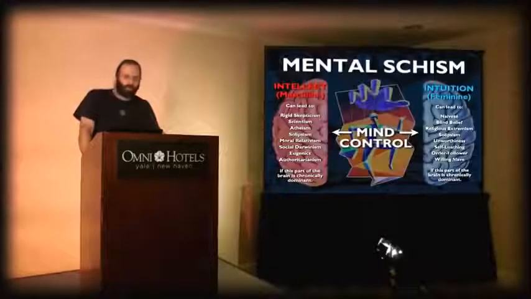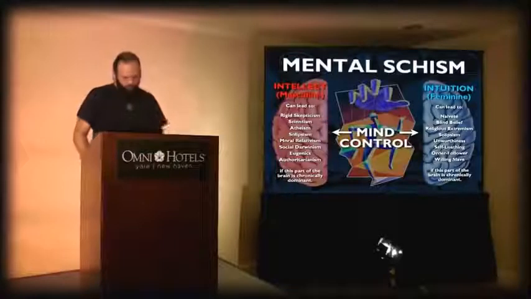And this is critical, because this is not only a schism within the individual consciousness, it's a schism of worldview, of the way we view ourselves in the world and the way we view our relationship to others in the world. So I call this the mental schism.